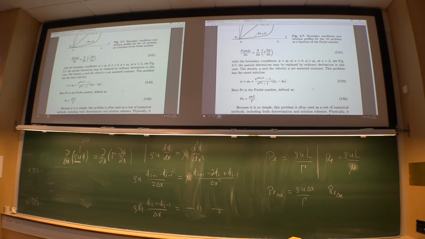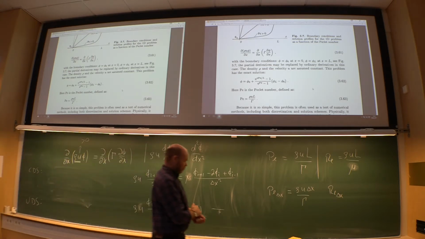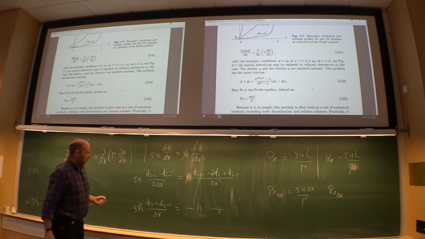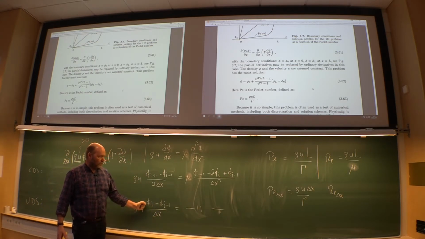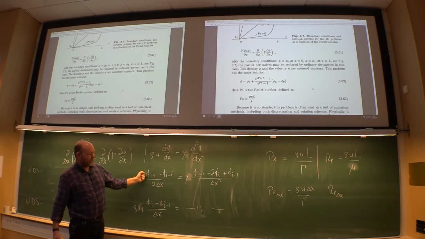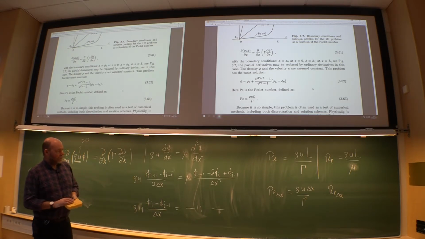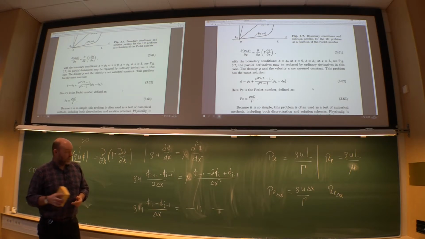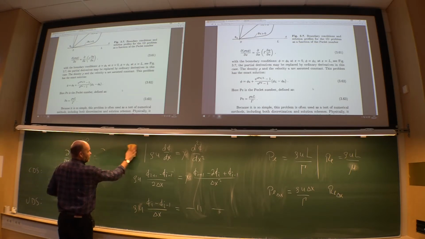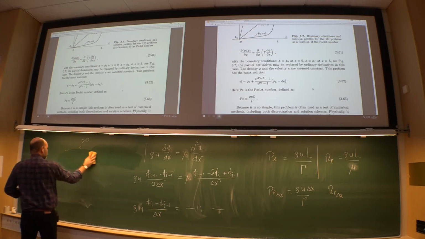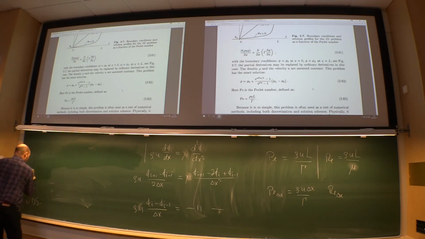So should we have any stability issues here? Should there be any problems? Well, we don't have a time, so it's just a question of solving this equation system, which is a very nice, neat three-diagonal problem. So yes, you can get a solution using a direct solver if you like. Shouldn't be a problem. And I think I did that.